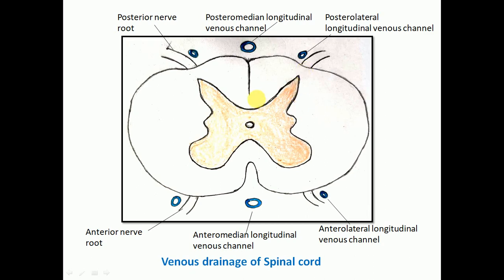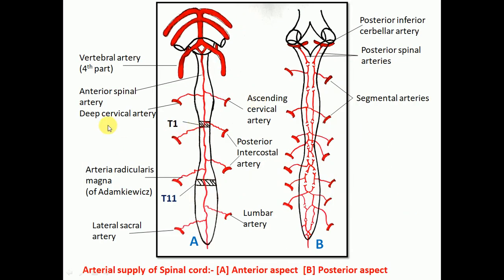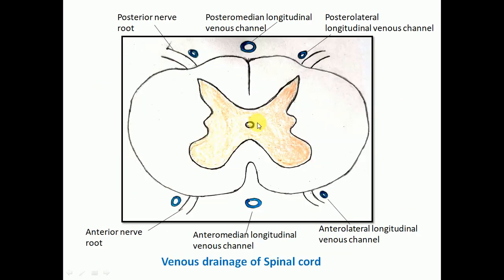These veins are the deep cervical vein, posterior intercostal vein, lumbar vein, and lateral sacral vein, or you can say ascending cervical vein. Later on, these venous channels also communicate above with the basilar venous plexus. So in short, this is about the venous drainage of the spinal cord.